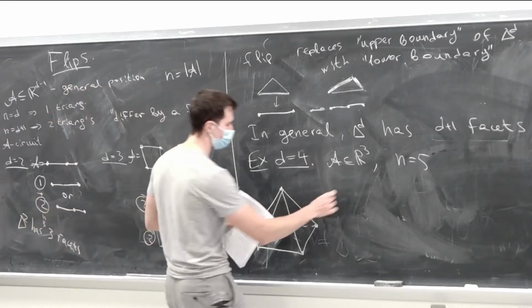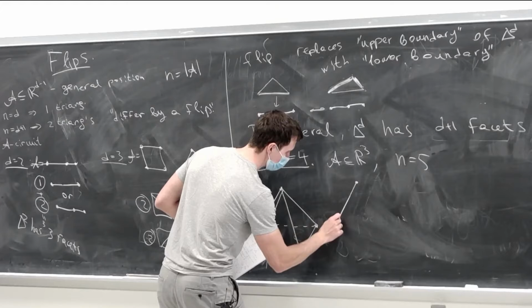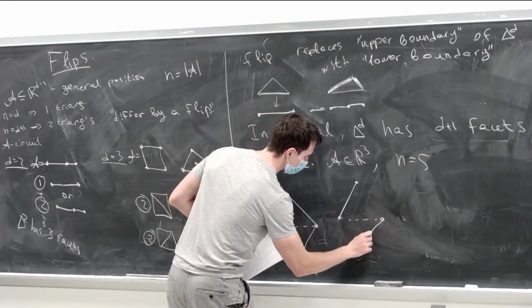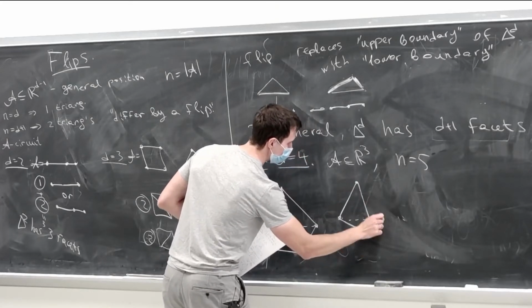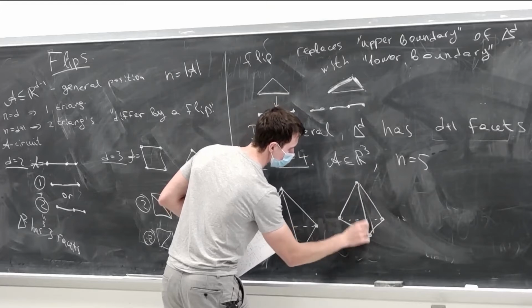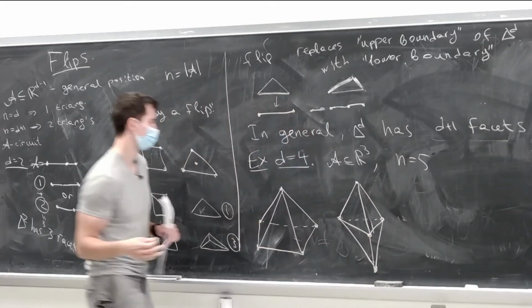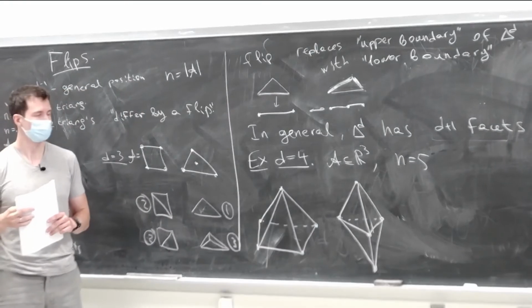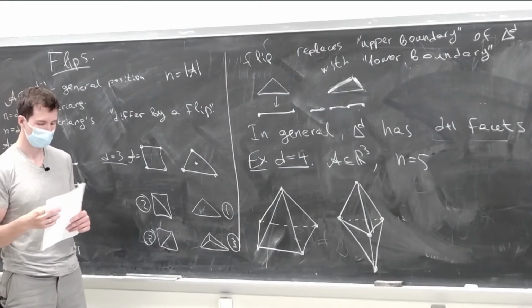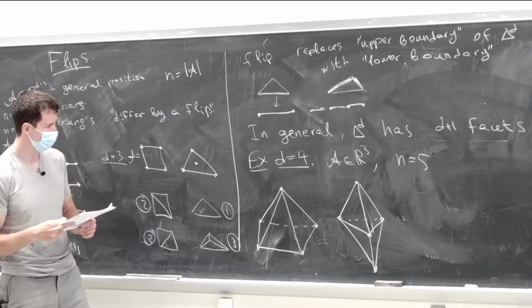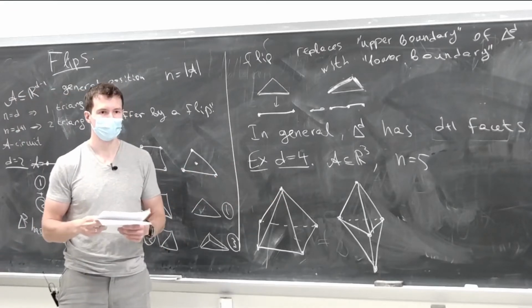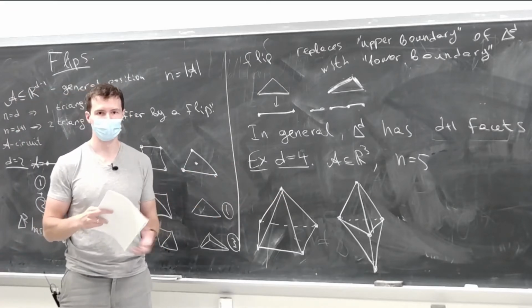Okay, the triangular bipyramid. Okay. What are the flips in these cases? Let's say for the pyramid.